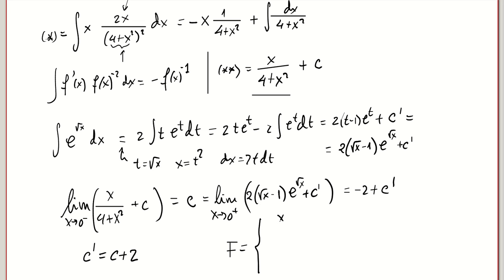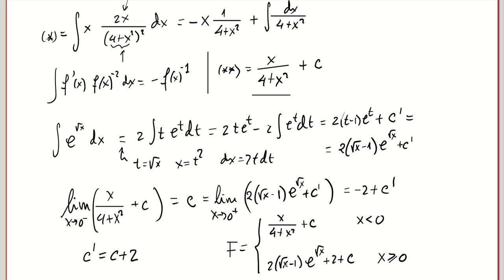Right? So the function we have so far is this. Here we have x over 4 plus x squared plus c, where x is negative, and now we have 2 times (the square root of x minus 1) e to the square root of x plus 2 plus c, when x is larger than or equal to 0. Now it doesn't matter where you take the limit, it is going to be the same when x goes to 0, so this function is now continuous.